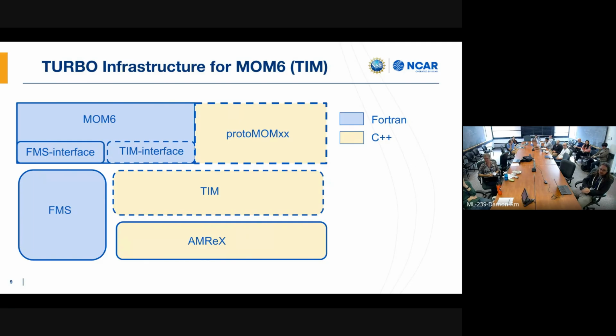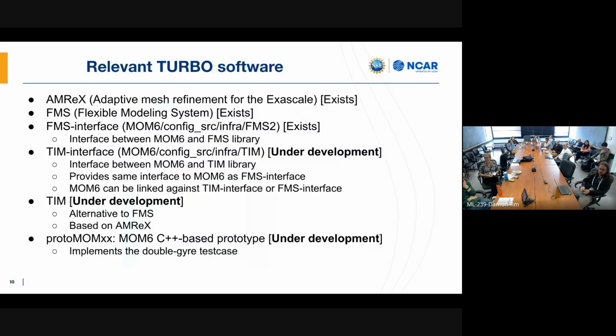What we're creating is the dashed lines: TIM, which is the Turbo Infrastructure for MOM, a nice little nested acronym, and ProtoMOM, which is a prototype of what MOM might look like if it was written in C++. And then there's a TIM interface so that MOM6 could use TIM, and TIM is based upon AMReX. So kind of the layer cake.